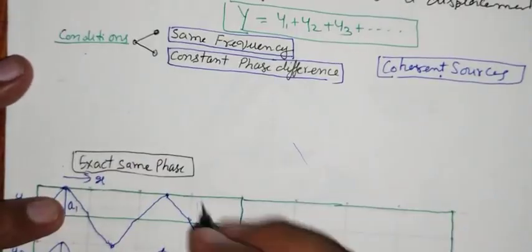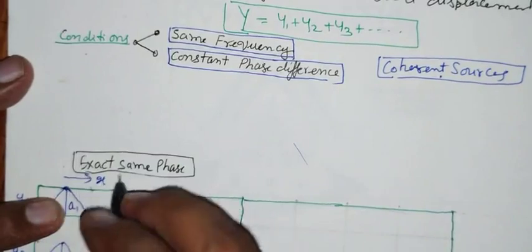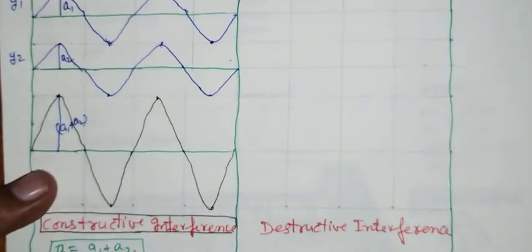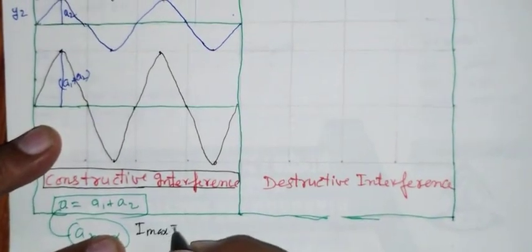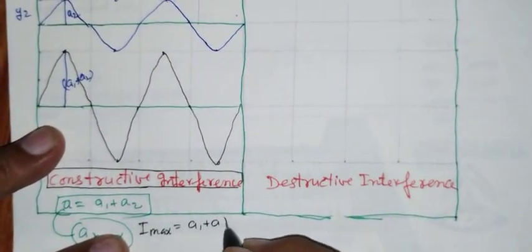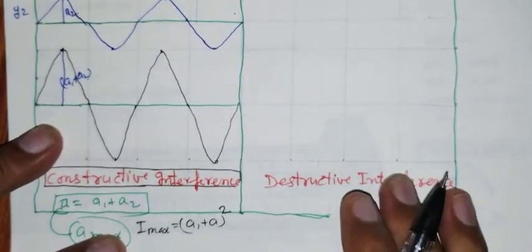In that condition, at exact phase, A is equal to A1 plus A2 and the intensity becomes maximum. It is (A1 plus A2) whole squared.